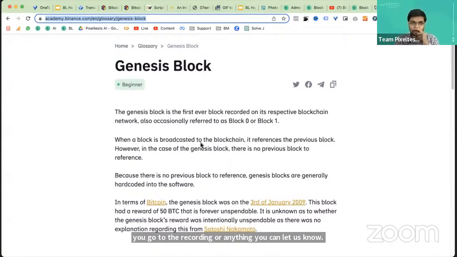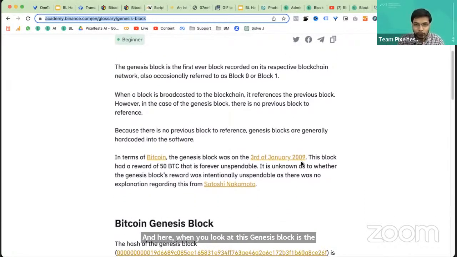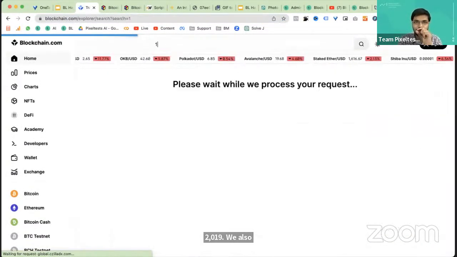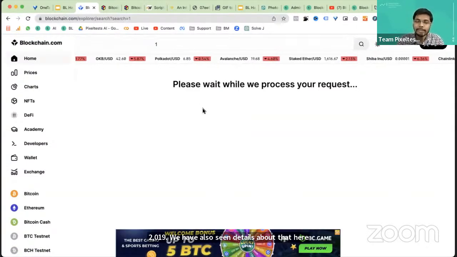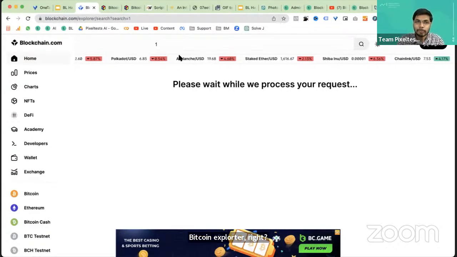Here, the Genesis block is the first block that got created way back on 3rd of Jan 2009. We have also seen details about that on the Bitcoin Explorer, right? Let me also bring it up.